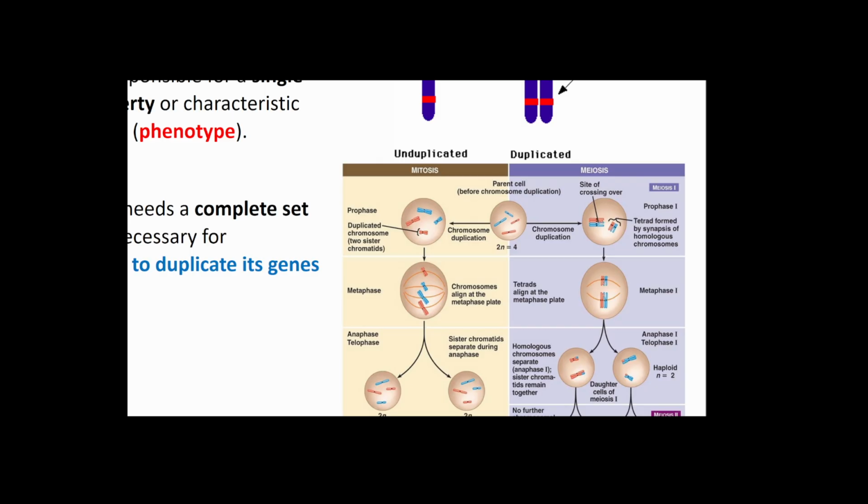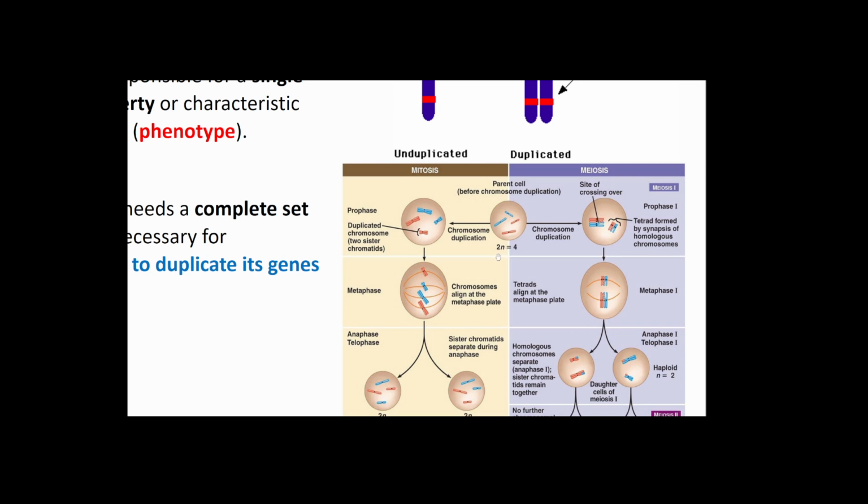As shown here and as is obvious, the main difference between them is that in mitosis we have father and mother chromosomes, sister chromosomes. But here we have the father and mother chromosomes duplicated.